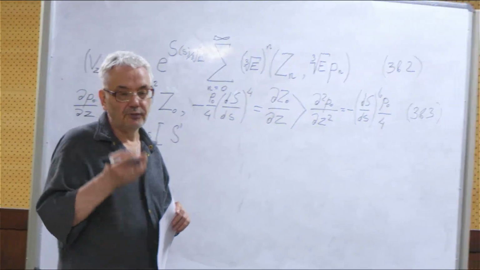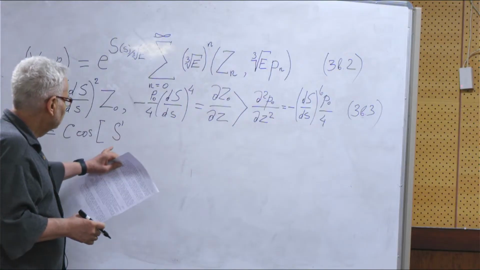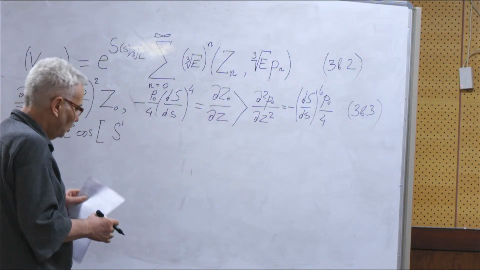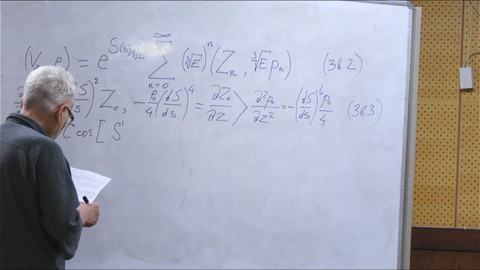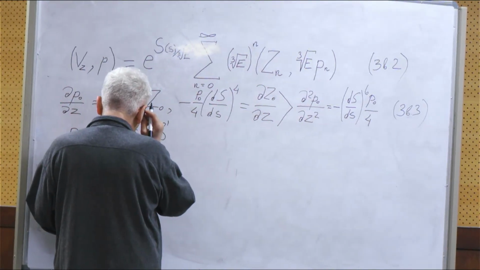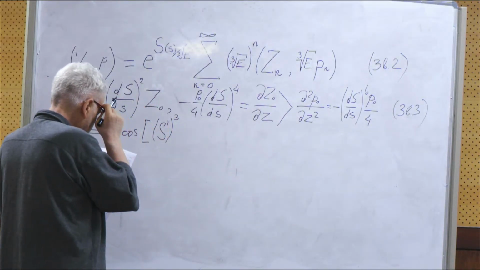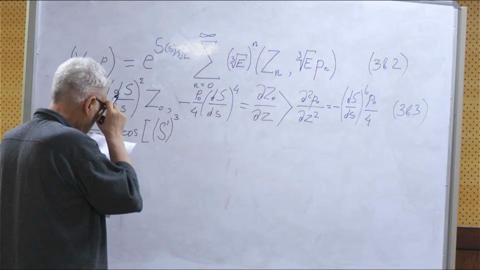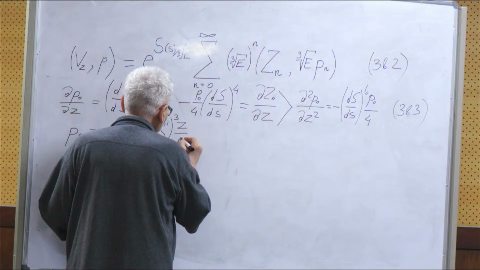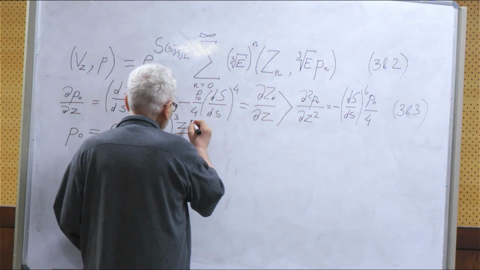Of course, there is only one value which is determinant, so it's easy to understand that this is dS capital by dS small. So we have the third power of this stuff. Then we have z over 2, and the bracket is closed.